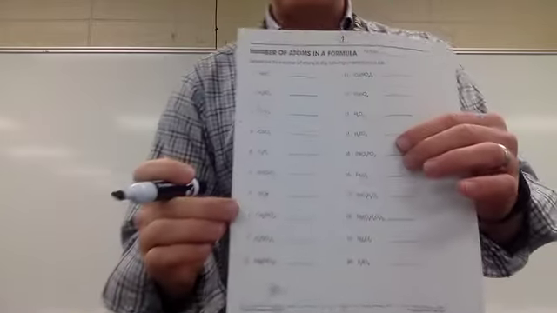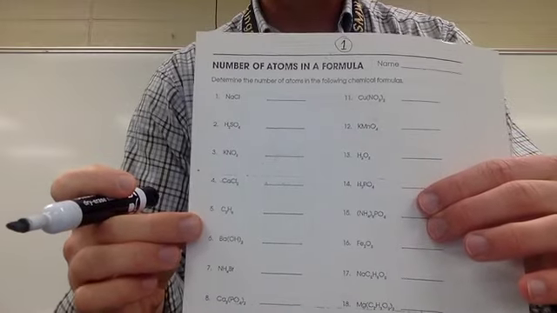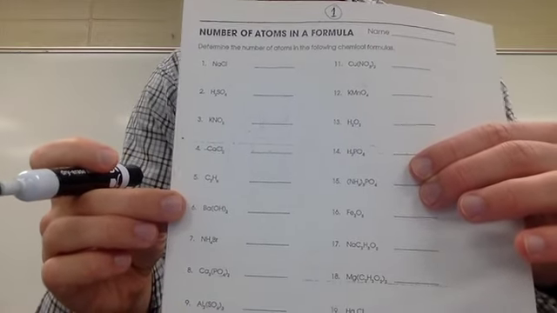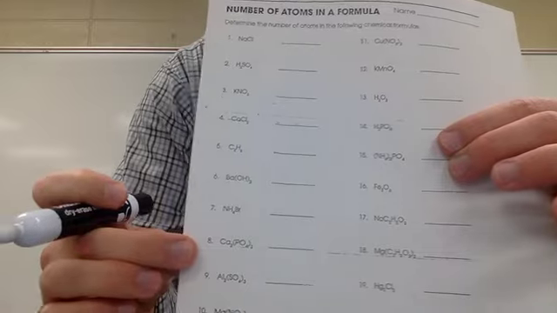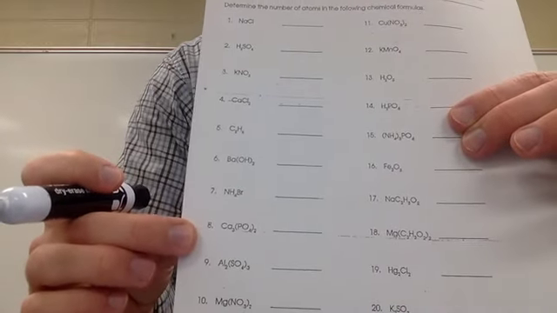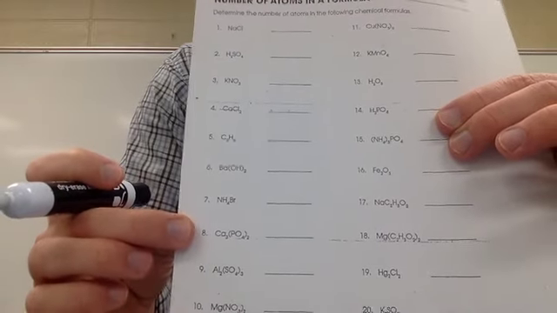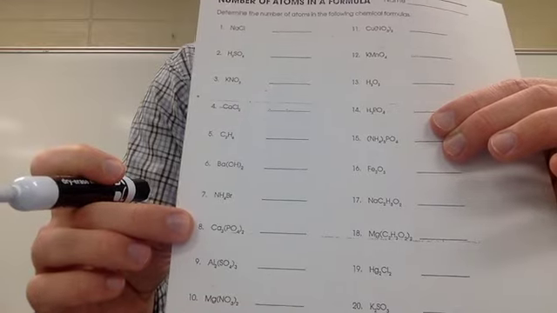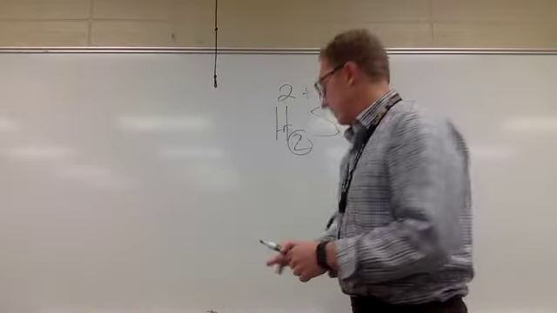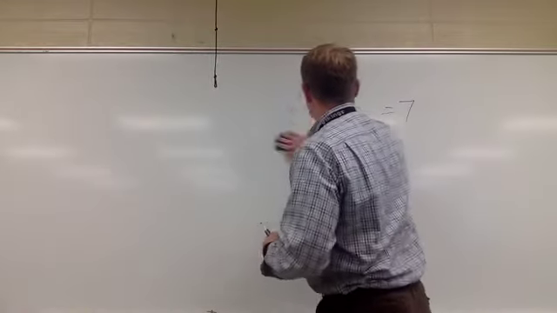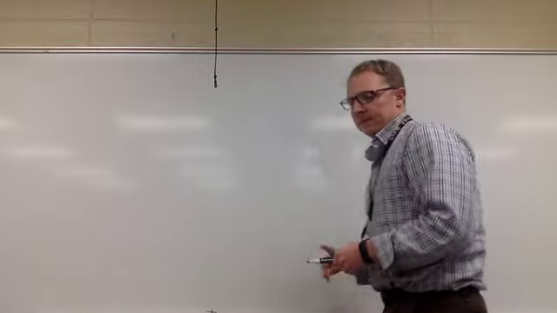What happens when you have a problem that has parentheses like this? Okay? Number 6 just isn't challenging enough. Let's take a look at number 8. It's got parentheses and it's got subscripts. It's getting a little bit crazy. So let's take a look at how we tackle that one. Every capital letter is a new element.